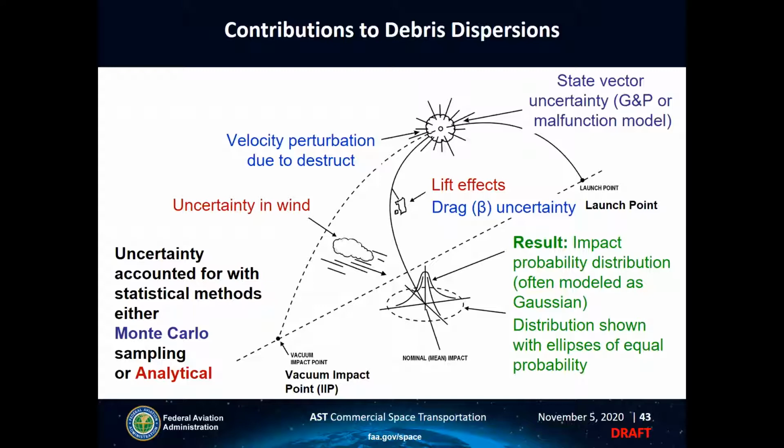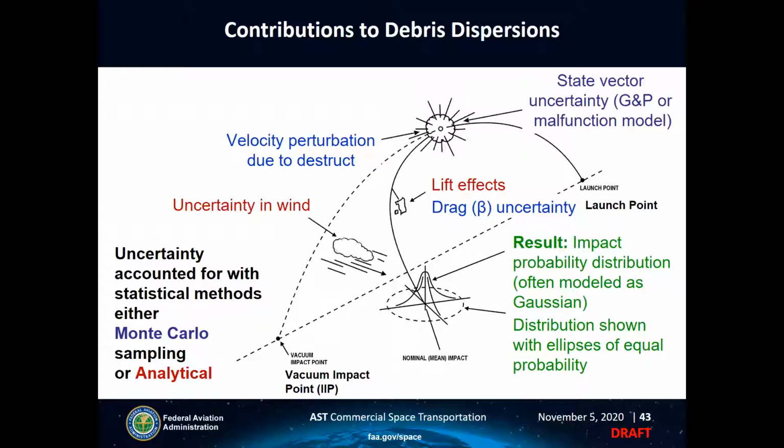So these uncertainties can be accounted for using statistical methods that could be either analytical or Monte Carlo sampling, but we account for all those, and it's basically just Isaac Newton's laws. And we can then compute an impact probability distribution as shown here.